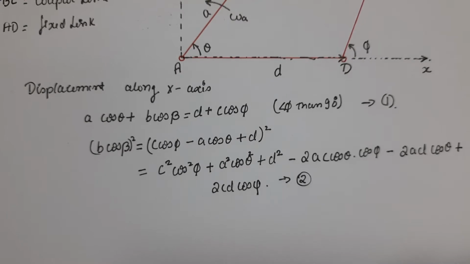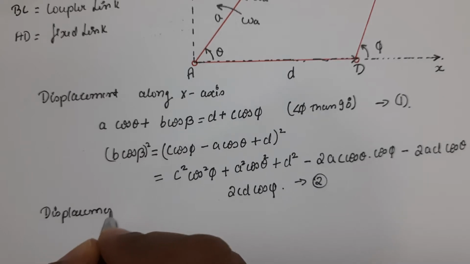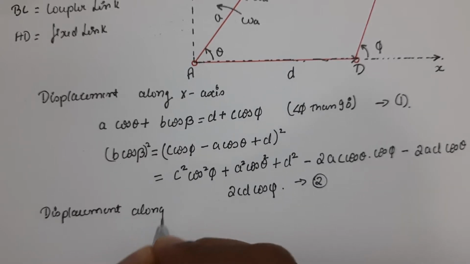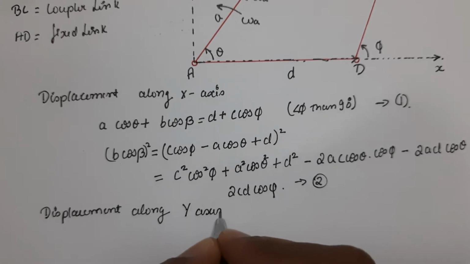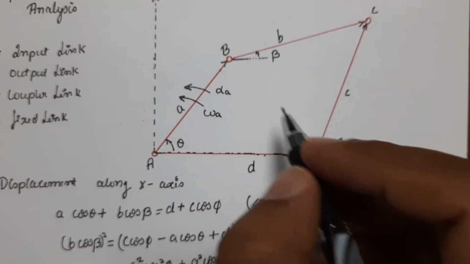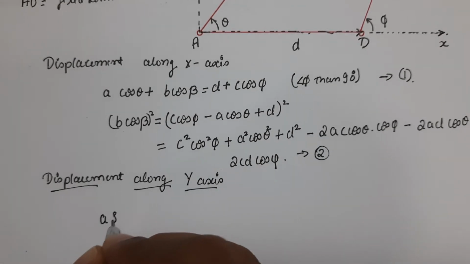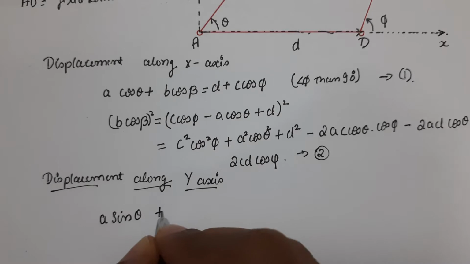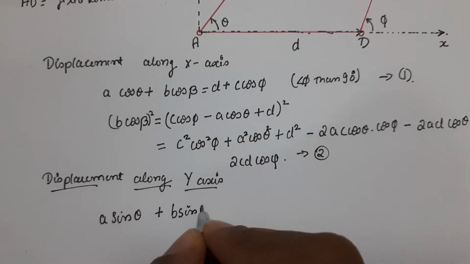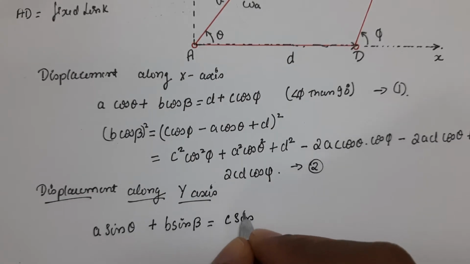So next up we'll find out what is the displacement along y axis. So displacement of these links along y axis can be written as A sine theta plus B sine beta is equal to C sine phi.